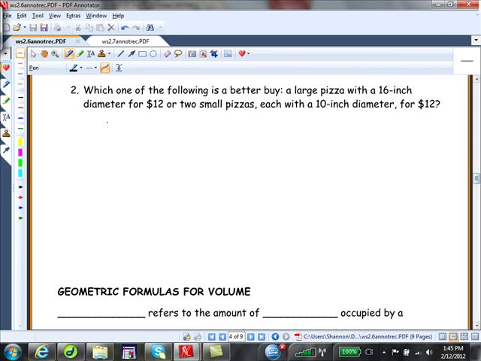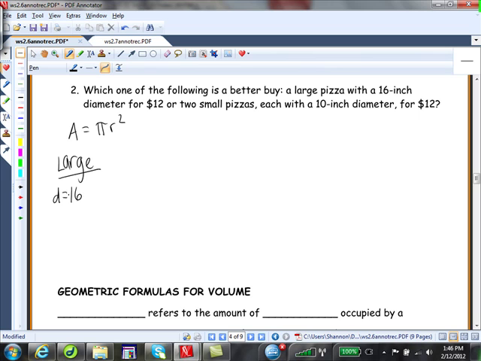So what we'll do is say area is equal to pi r squared, okay? And we'll do it both for the large and then for the small, and then we'll figure out what the better buy is.